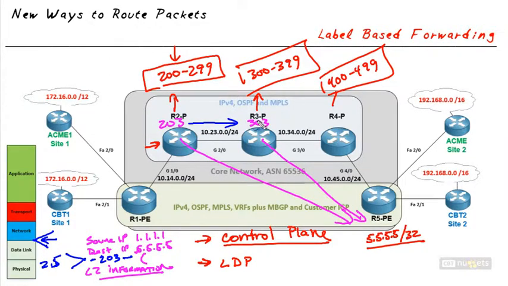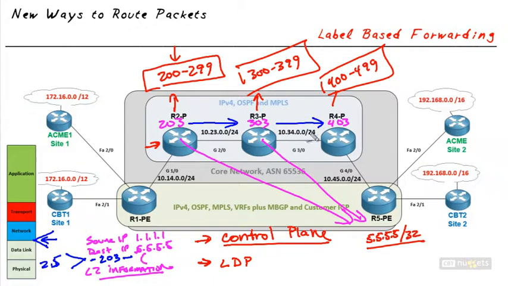Now, what does R3 do when it sees this packet come in? Well, it de-encapsulates layer 2, sees its own layer 2 MAC address, processes the frame, looks at the layer 2.5, sees label 303, and it's also going to have forwarding information based on the label distribution protocol. So let's say, for example, that R4 had label 403. So R3 is going to perform something called a swap. It's going to remove the old label 303, put on the new label 403, and be forwarded over to R4.